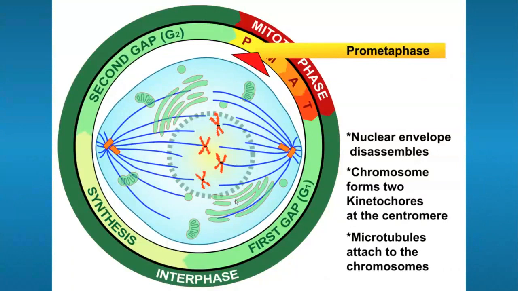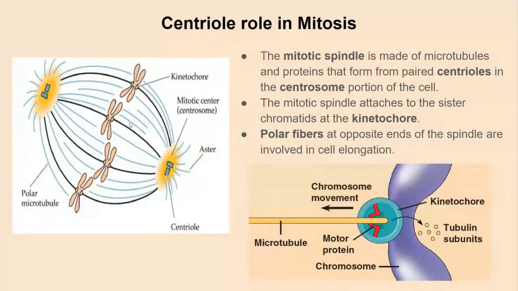The microtubules attach to that kinetochore, and they are also stretching the cell apart. This is because one centriole is going to pull one side of the DNA, and the other centriole is going to pull the other side of the DNA in kind of a tug-of-war situation. And this is happening at the kinetochore.